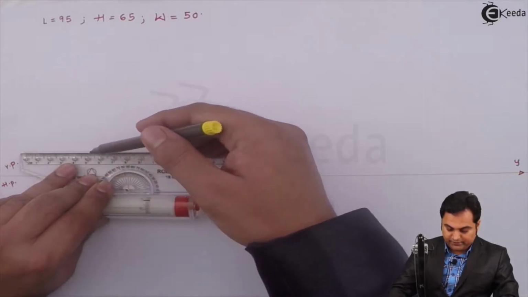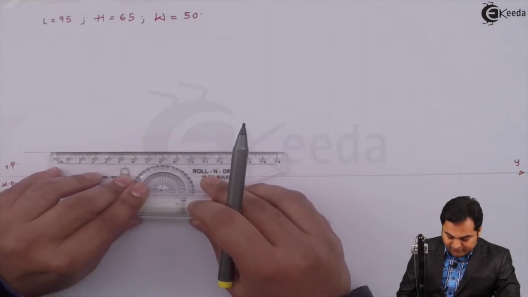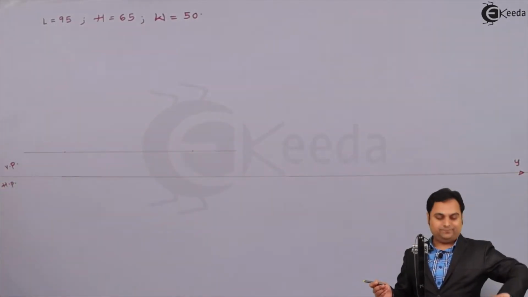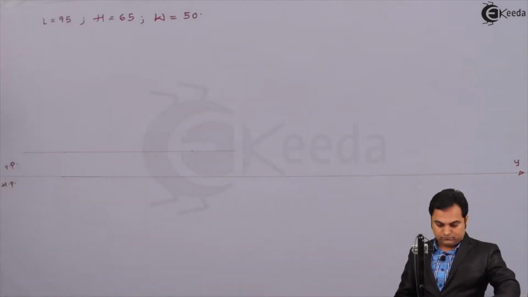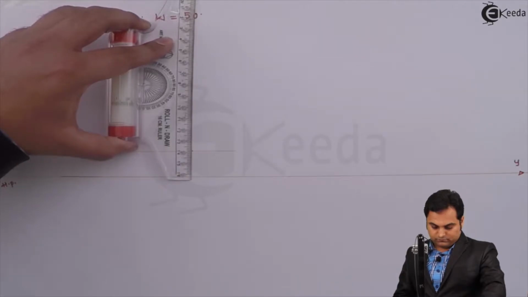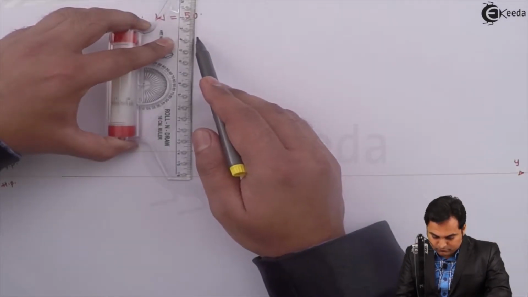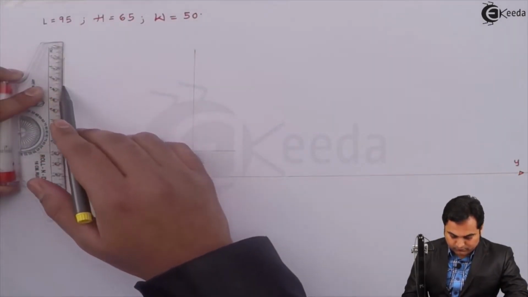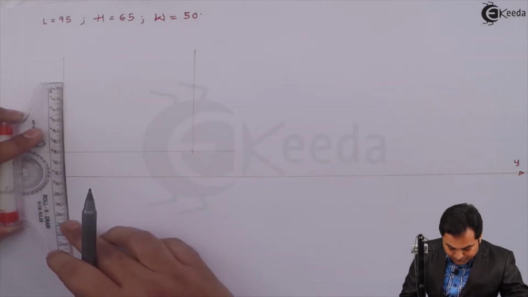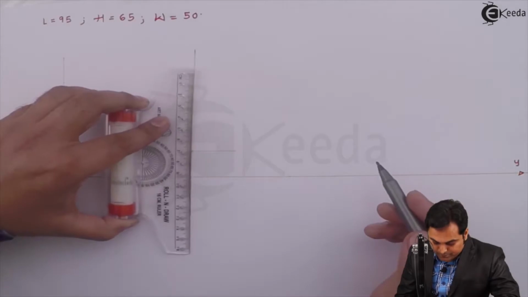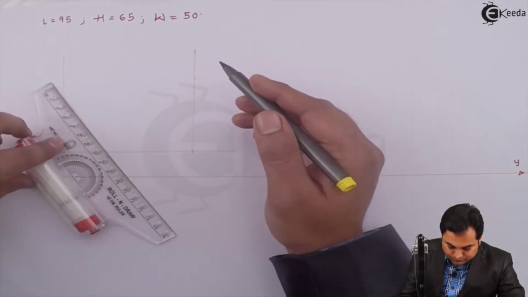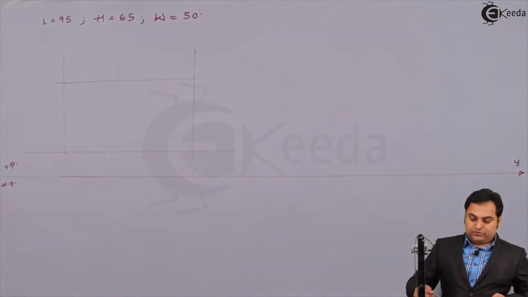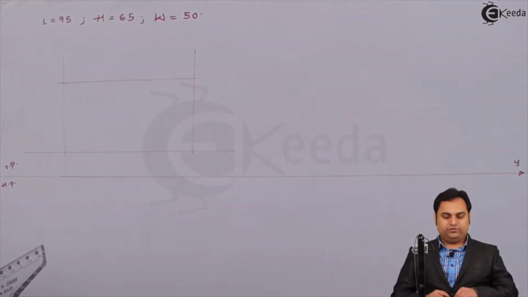So drawing a light horizontal line, over that I'll be marking 95 mm as the total length. The height is 65 mm. So this is the rectangle inside which we should draw the front view.